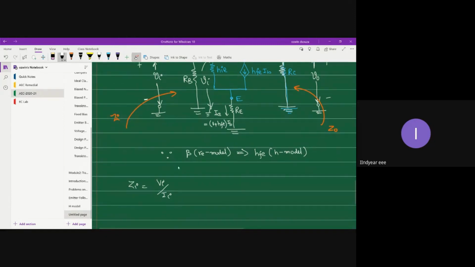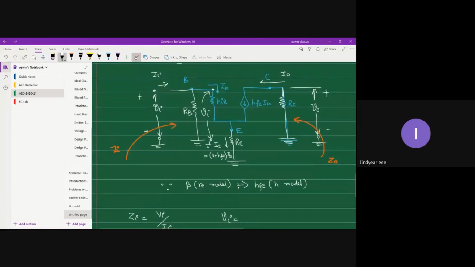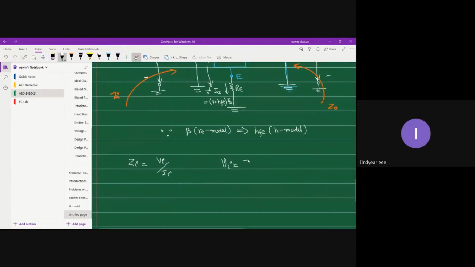So what I can write is Vi, that is base to ground voltage, is equal to voltage drop across HIE plus voltage drop across capital RE. So that's IB into HIE plus IE into RE, or IB into HIE plus 1 plus HFE into IB into RE. Or you take out the ratio VI by IB.